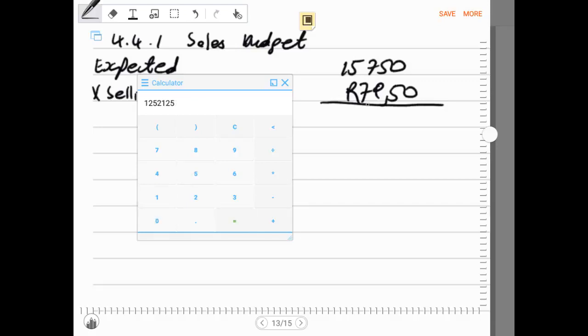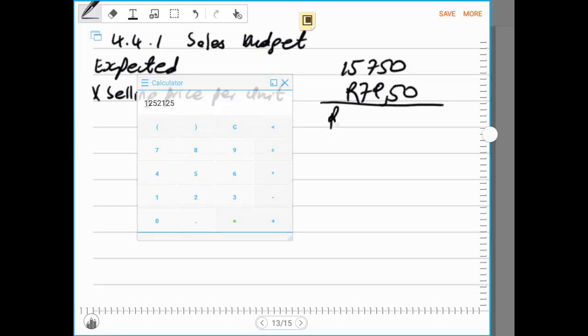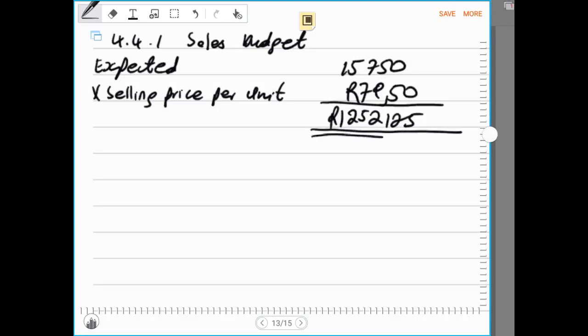That will be 1,252,125. So now that is our total expected sales, or our sales amount. That is our sales amount, and that was the first requirement.